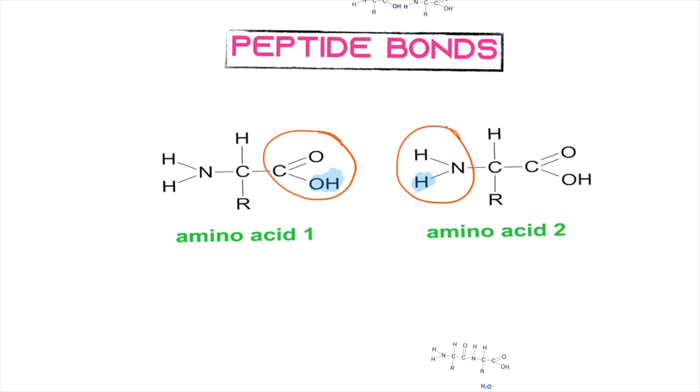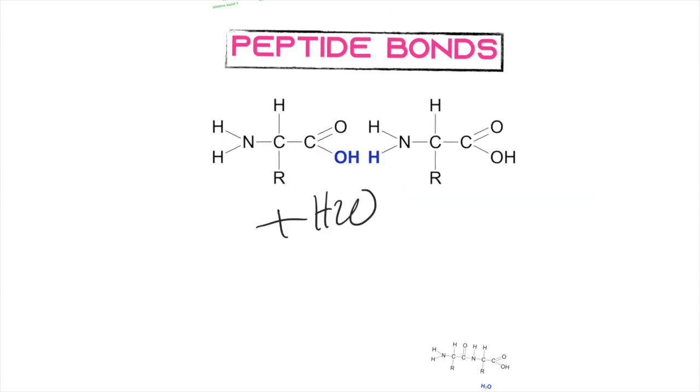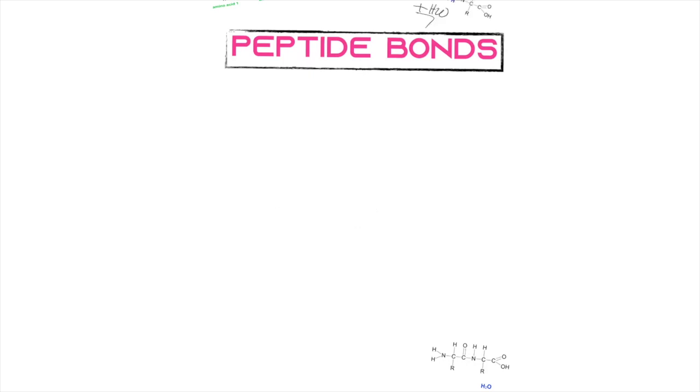This will result in the formation of a water molecule. So the removal of the water molecule by a condensation reaction will result in the formation of a bond that we call a peptide bond. So peptide bonds are the ones found between amino acids. Peptide bonds look like carbon, oxygen, and nitrogen, hydrogen attaching to amino acids.